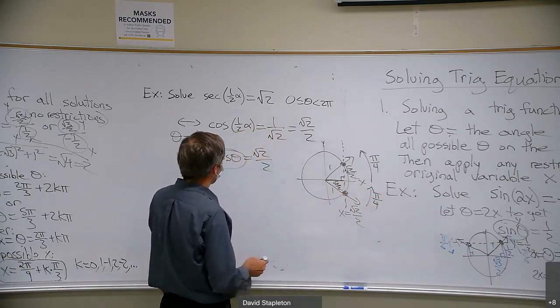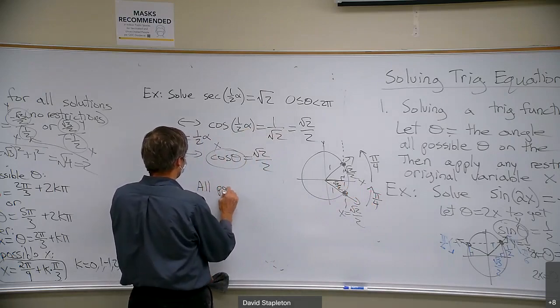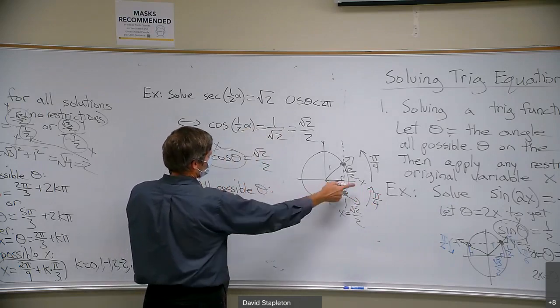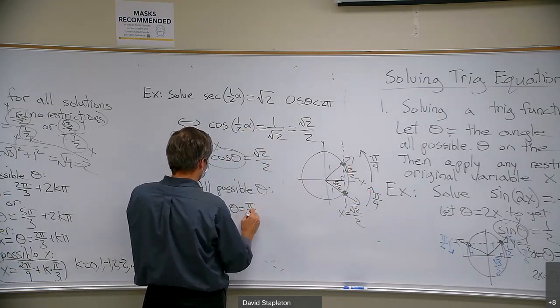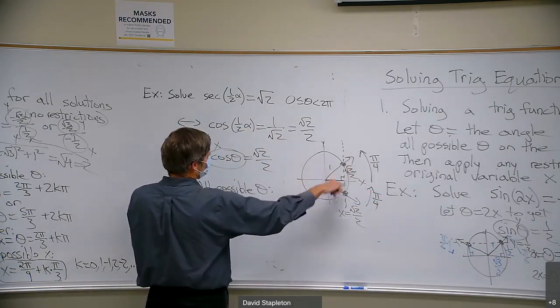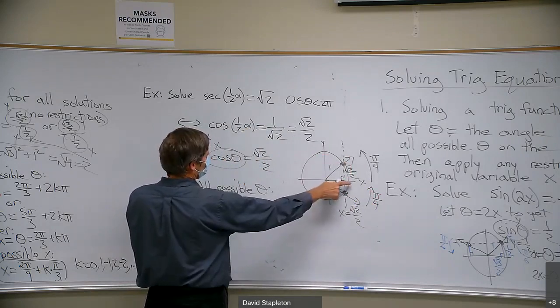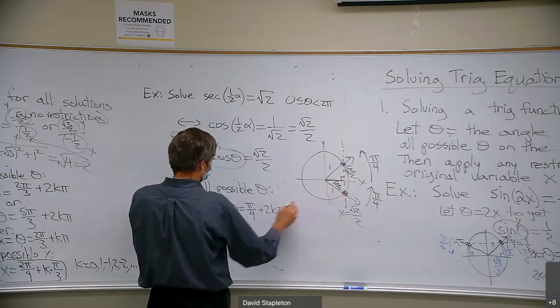And so we get for the solutions, all possible theta, the solutions we see right there, pi over 4, and we can go any whole rotations plus or minus from there, so 2k pi. Or we can do this one here, we could call it minus pi over 4 if you want, it doesn't matter.